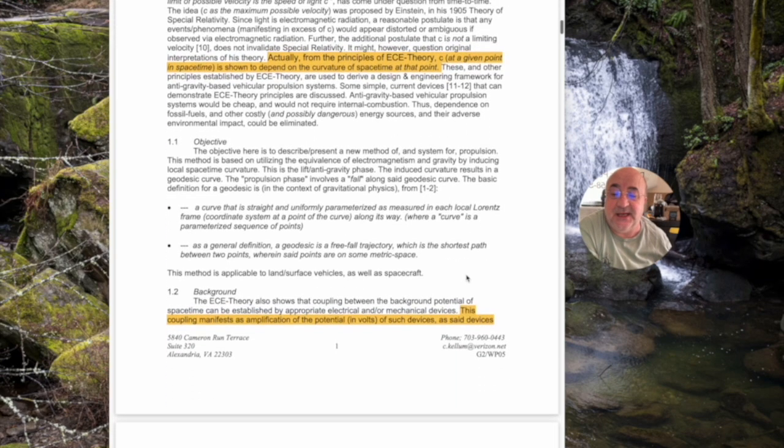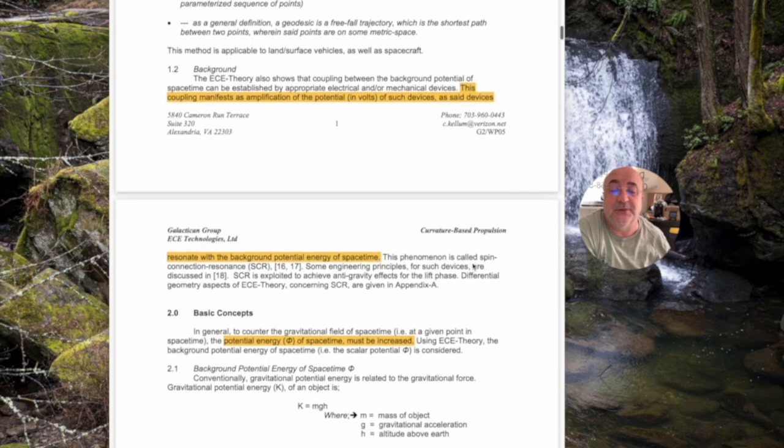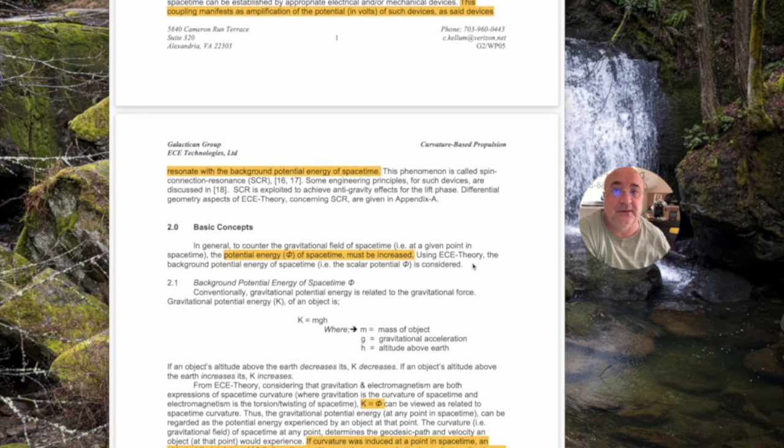He says that ECE theory also shows that coupling between the background potential of spacetime can be established by appropriate electrical or mechanical devices. This coupling manifests as amplification of the potential in volts of such devices as said devices resonate with the background potential energy of spacetime.